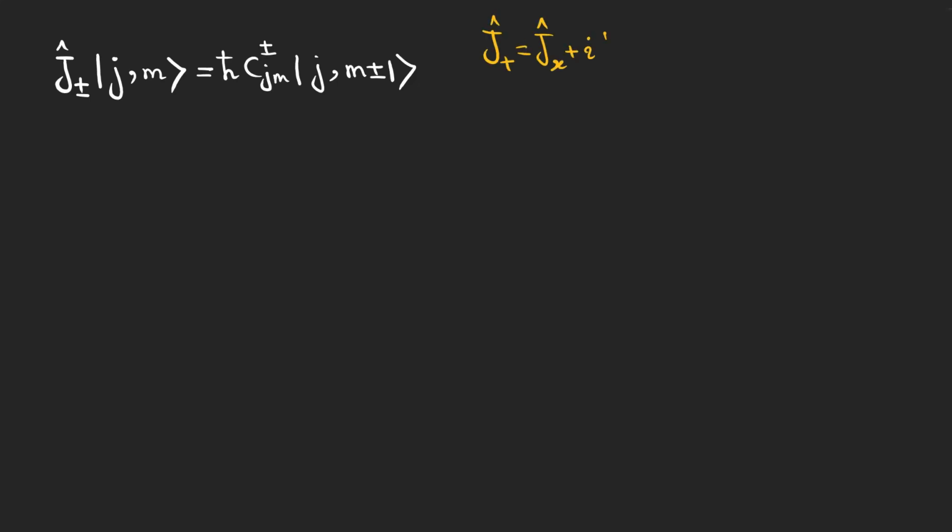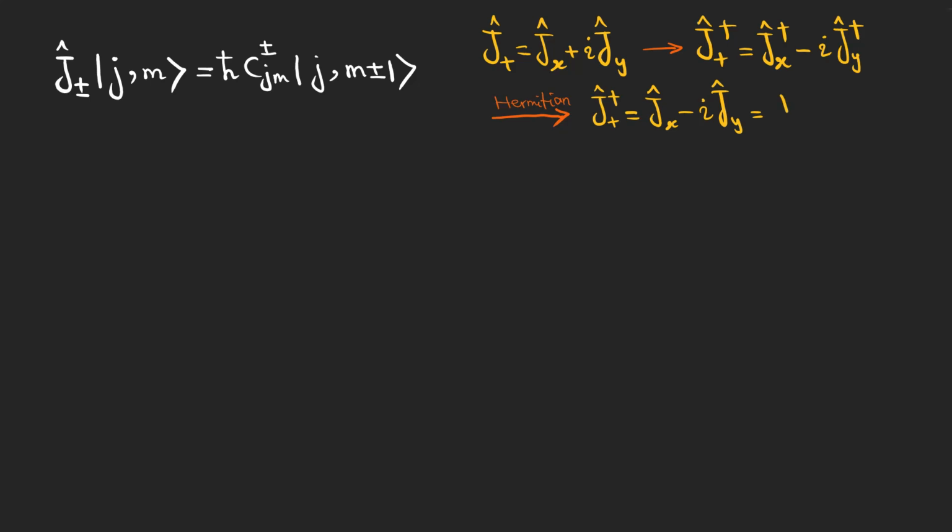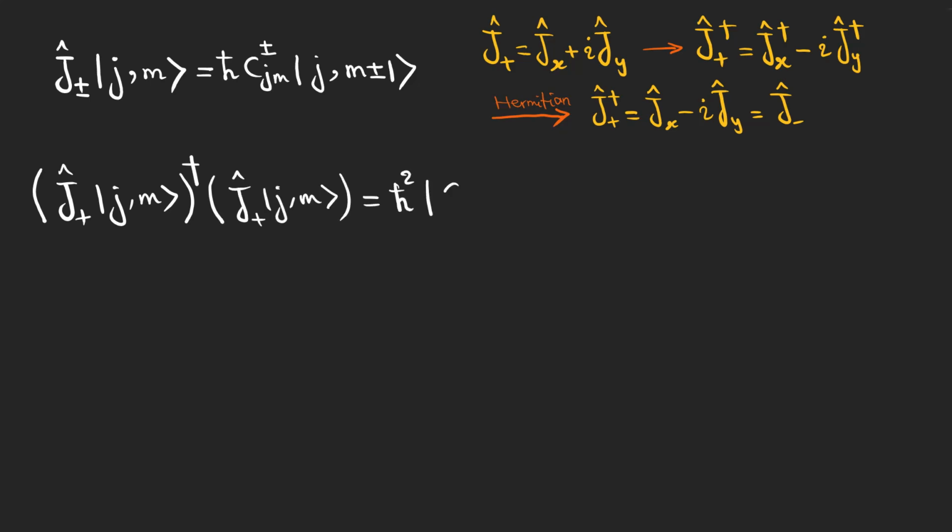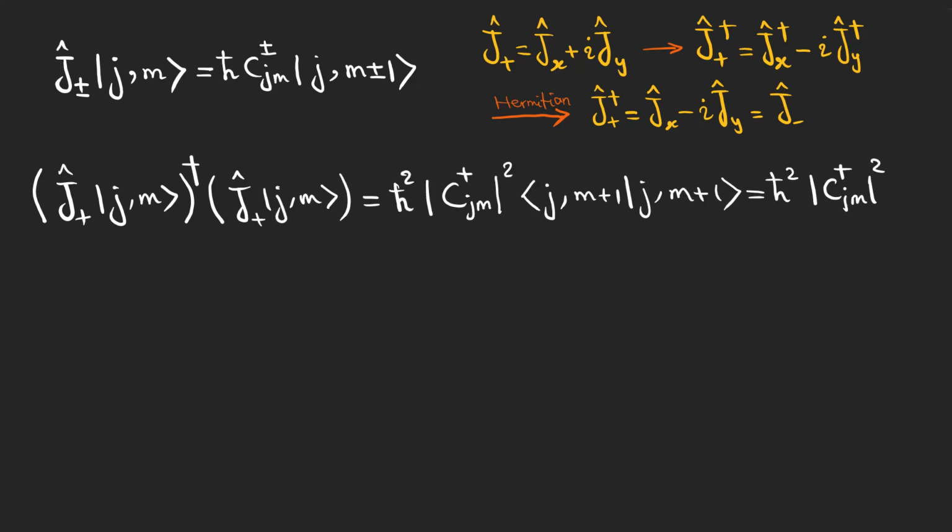J plus can be written as jx plus i jy, and we can use its dagger and write it as jx dagger minus i jy dagger, and we know that jx dagger and jy dagger should be jx and jy because these are Hermitian operators, and we see that j plus dagger is j minus. So we multiply the equation we have above with its dagger, and then we can find CJM plus and CJM minus, which are actually the constants we are looking for.